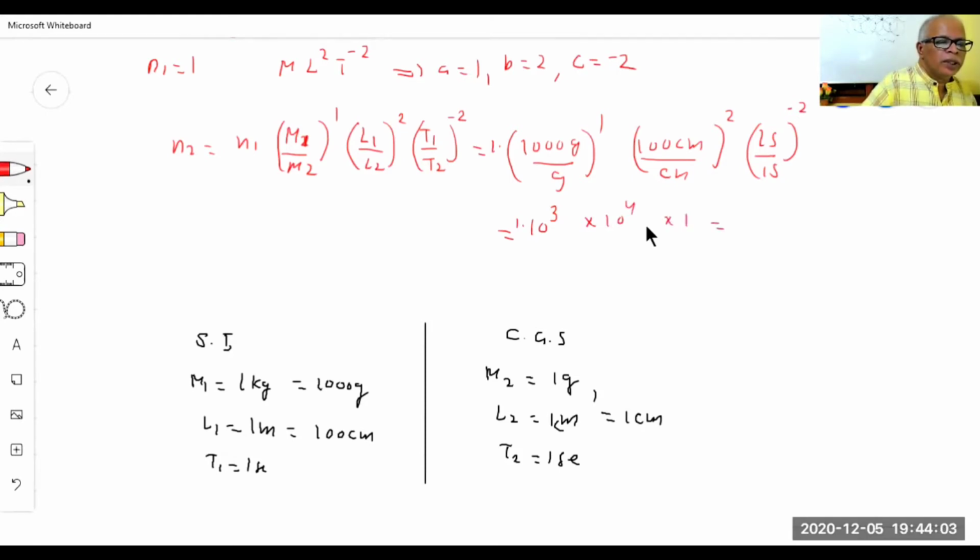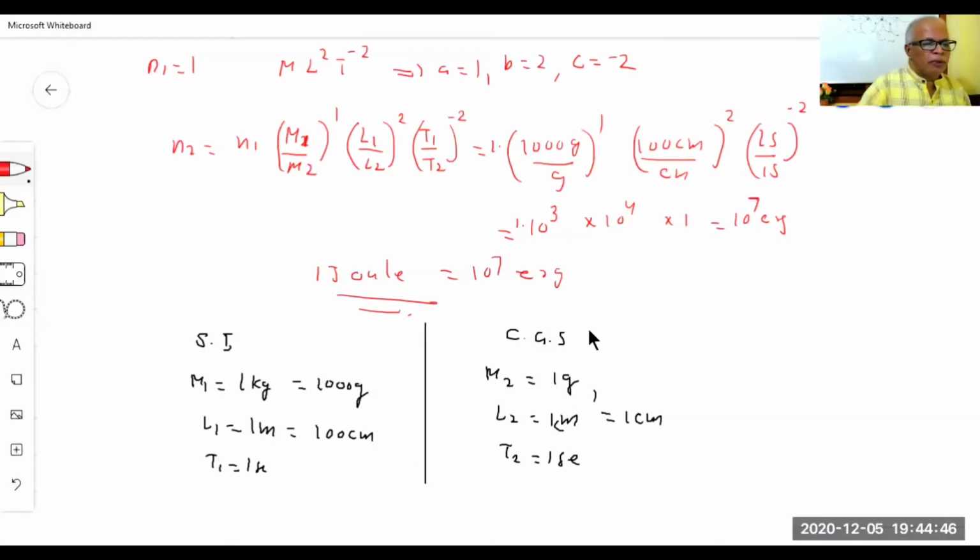That is 10 raised to 7 ergs. So 1 joule is equal to 10 raised to 7 erg. We are finding out N values only, so the value is not a unit. N2 is erg, N1 is joule. So you got this one. Now we will do another problem.